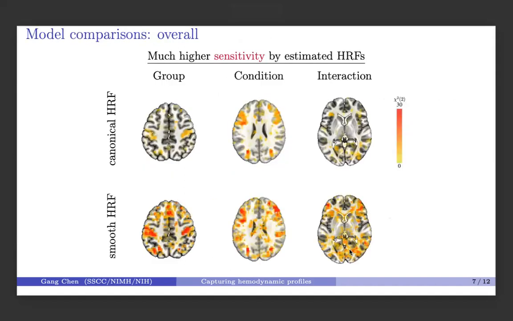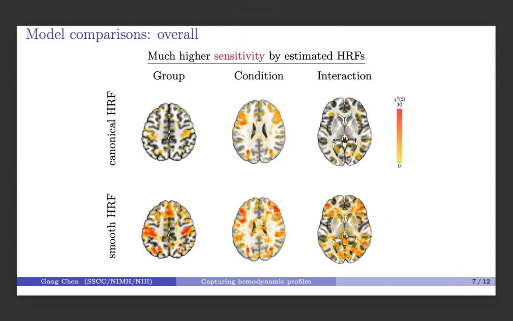First of all, let's look at the overall omnibus effects. The first row is the conventional canonical HRF results. The second row is the smooth HRF estimation approach. There are 3 columns. The first column is the main effect of group, which basically compares the groups. The second column is the main effect of task condition, so we compare congruent versus incongruent.